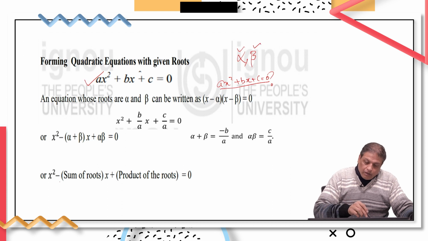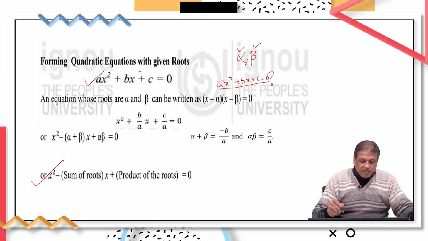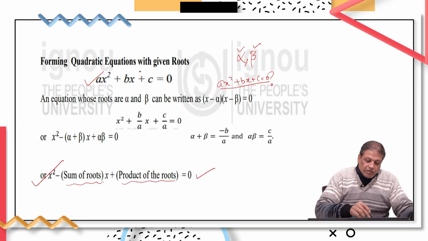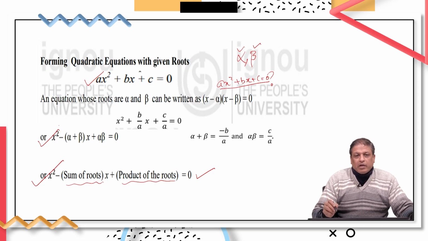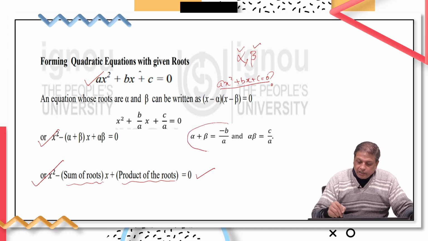Then the quadratic equation can be produced as x square minus sum of roots into x plus product of roots. That means x square minus (alpha plus beta) x plus alpha beta equal to 0 will be the quadratic equation, wherein alpha plus beta is minus b by a.